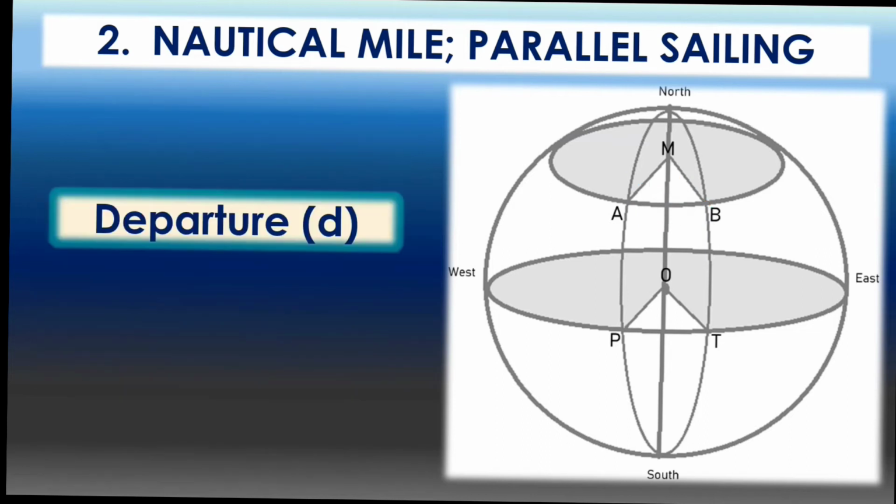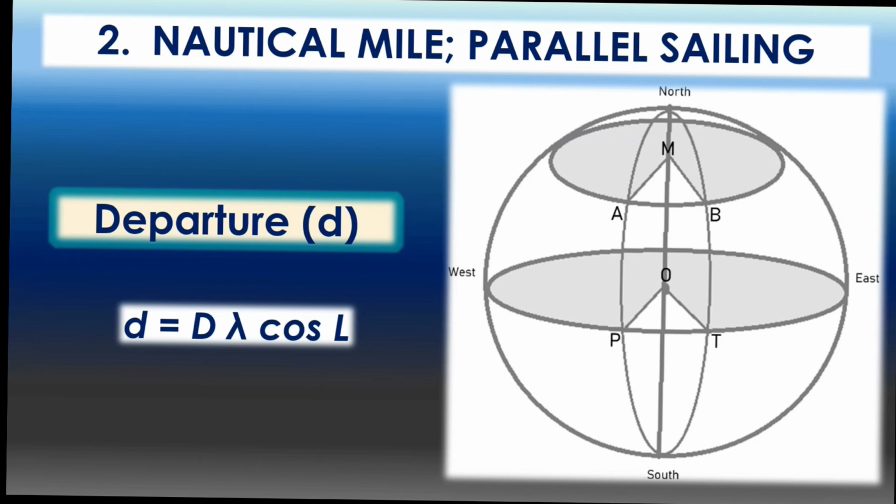Next, departure. What are we going to use if we are going to solve for the departure? The formula for the departure is d equals difference in longitude times cosine of the latitude. By the way, class, the difference in longitude can be written as the long.